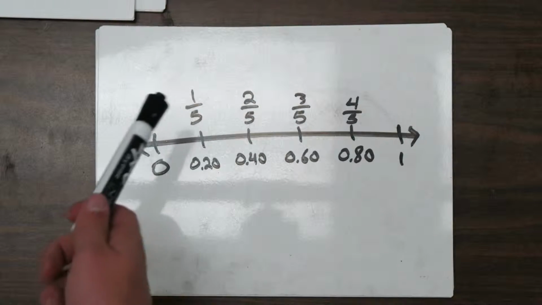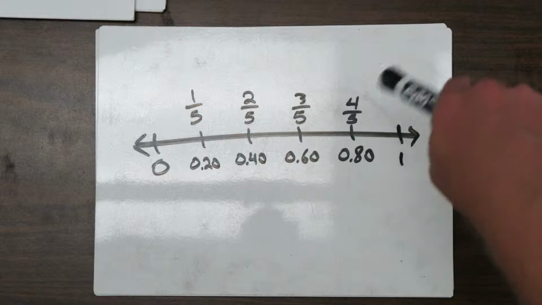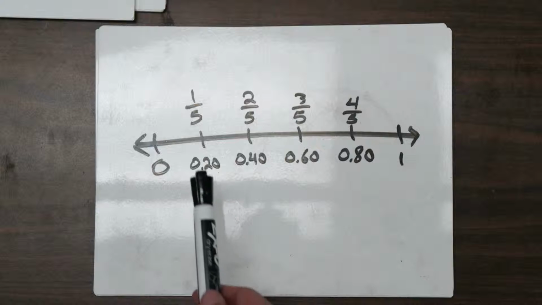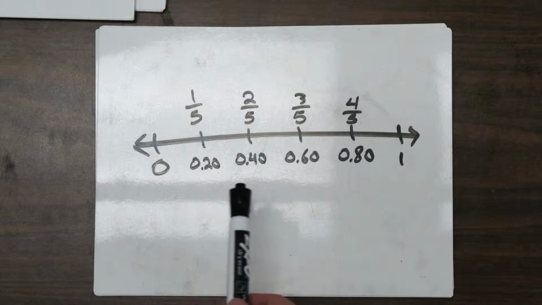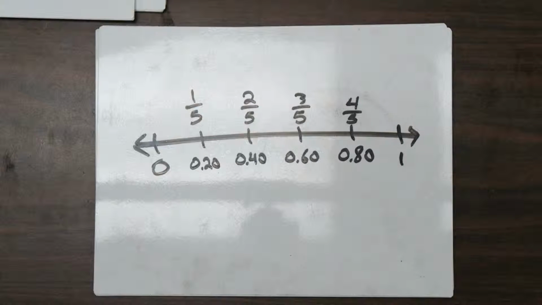We have 1/5, 2/5, 3/5, 4/5. Obviously right here at 1 would be 5/5. And the common decimal equivalents of those are 0.20, 0.40, 0.60, and 0.80. We'll see all these common fractions and decimals a lot in our everyday lives.